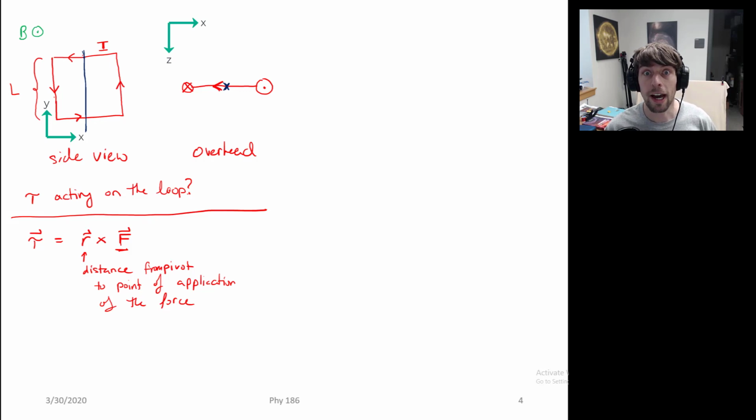Now notice how many different dLs do I have for this square loop of wire? 4. So when I want to calculate the net torque acting on this wire, I really need to do a summation over those 4 pieces.